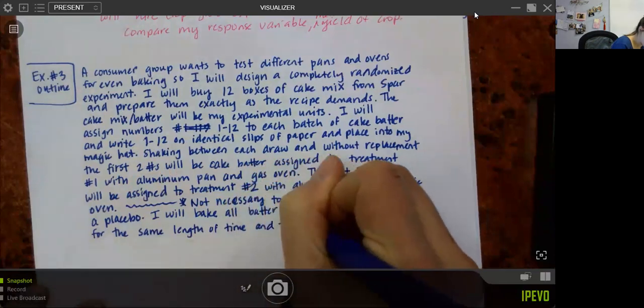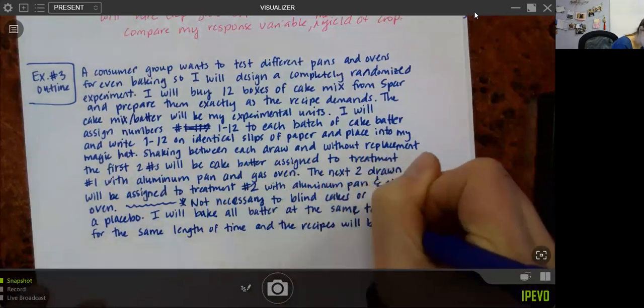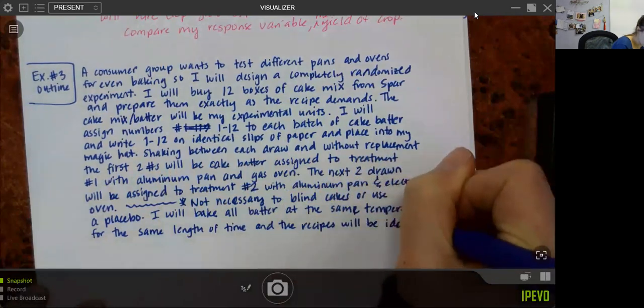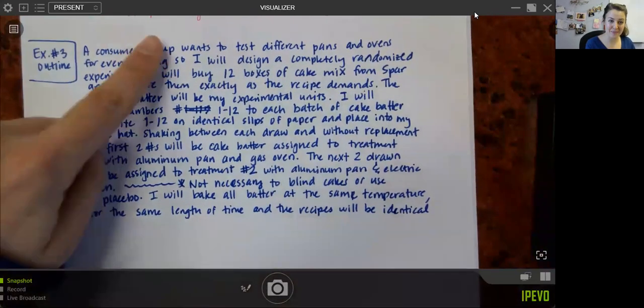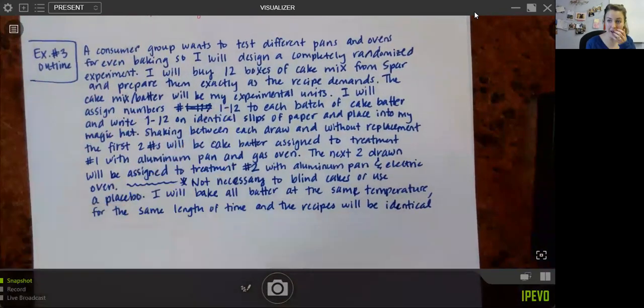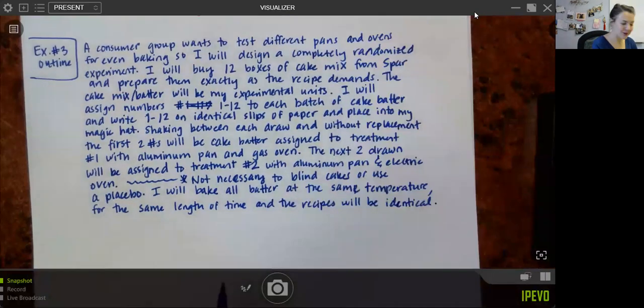And the recipes will be identical. Now, I know I already mentioned that earlier, so it's not really so necessary to mention it again. Up here, I said that I was going to bake them all the same as the recipe demanded. We do just need to mention somewhere what our control factors are.